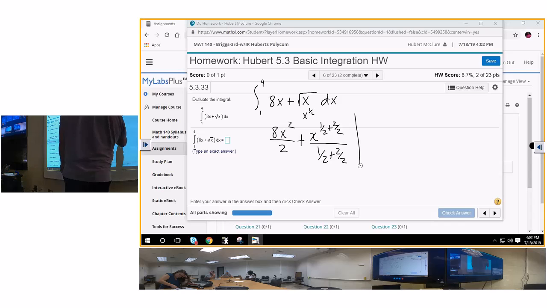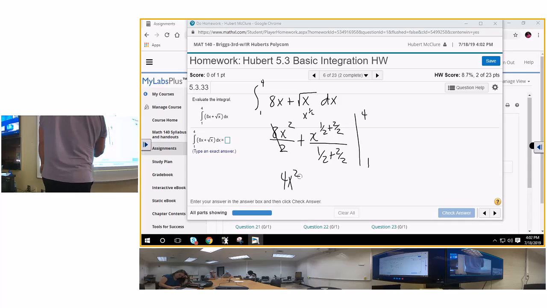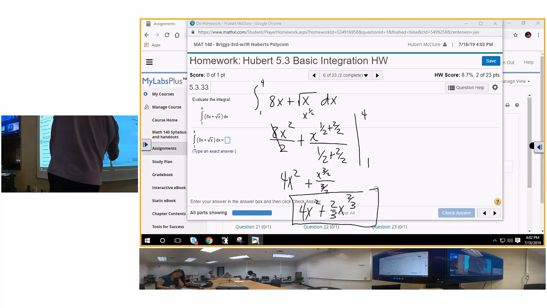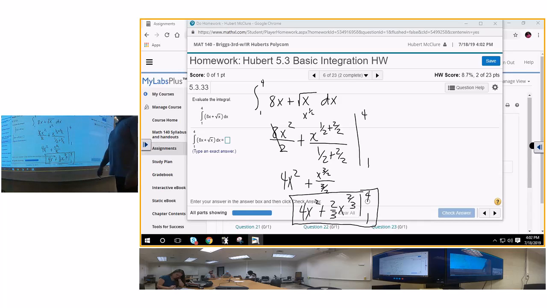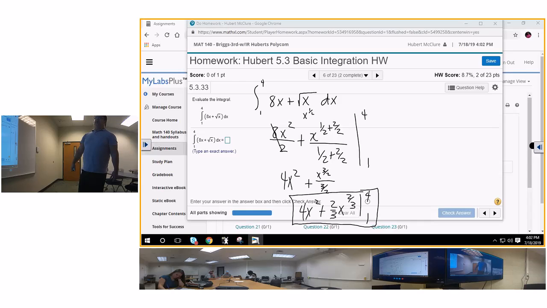Evaluated at 1 and 4, that's going to cancel to 4x squared plus x to the 3/2 over 3/2, which is 4x squared plus 2/3 x to the 3/2. That's the setup, evaluated at 1 and 4. Some of these homework questions are just going to ask you for the setup. I ain't seen one yet, but I've seen some in here that give you A, B, C, and D, and you just pick the setup.